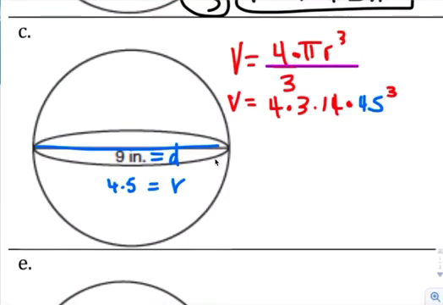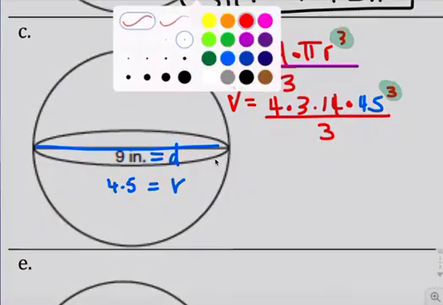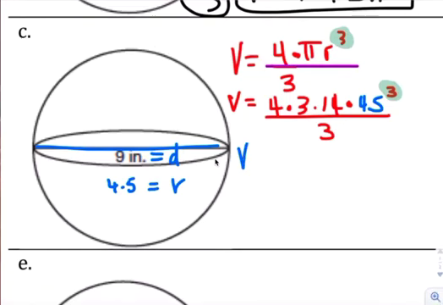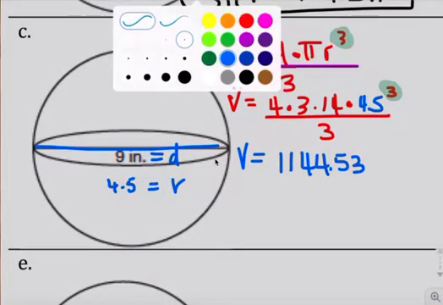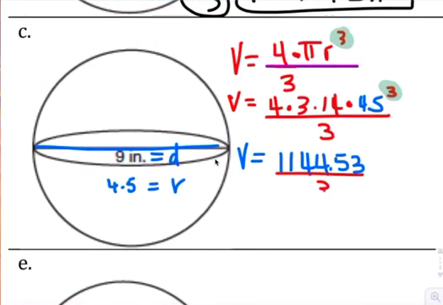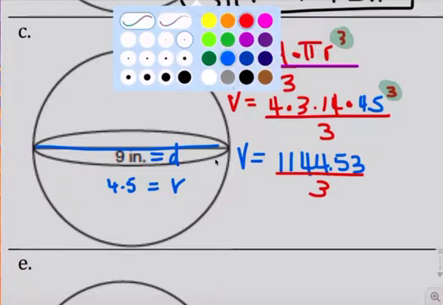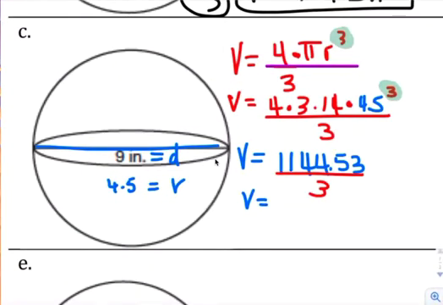It's different than the other one. We've been doing squared, this is cubed. Divided by 3. So the volume of this is 1144.53 divided by 3, and the volume answer then is 381.51. And then because this is a 1, the 5 stays the same.